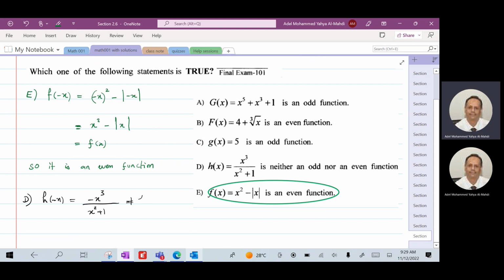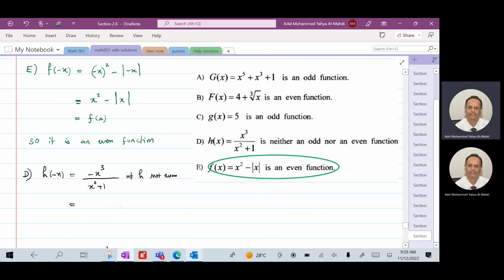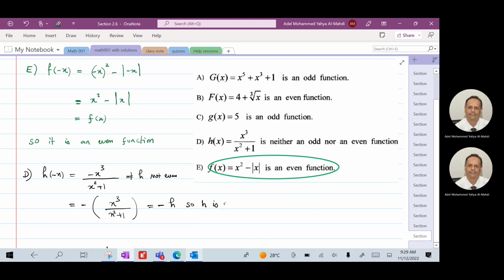It is not the same as h, so it is not even. But if you take minus outside, you can take minus from the numerator or from the denominator. So I will take minus out. Then we end up with x cubed over x squared plus 1, and this is exactly minus h. So h is an odd function.